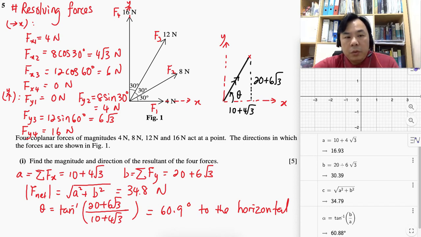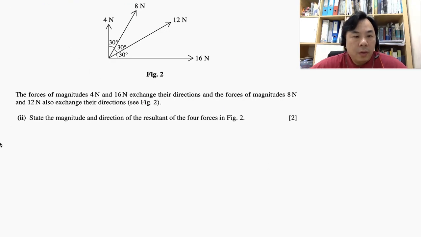Okay, I'm going to move on to the next section of question 5. We're still on question 5 here. Now the configuration of the forces acting on the point has been changed, as you can see from this figure.